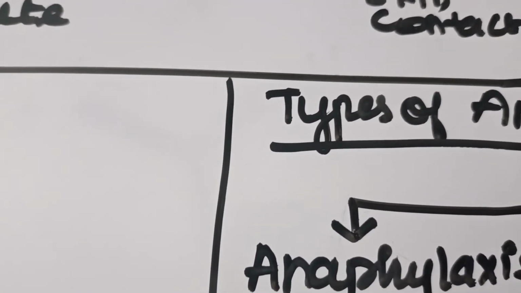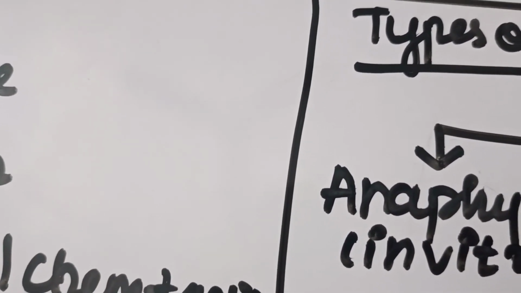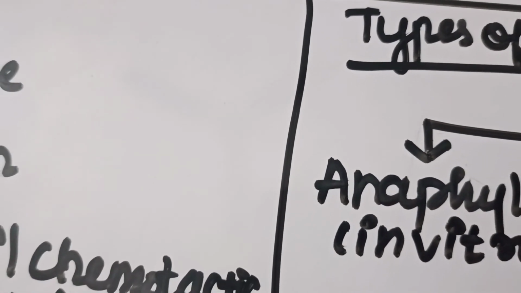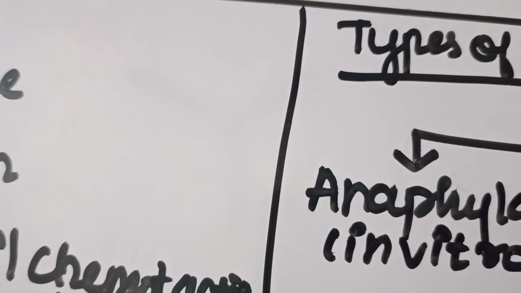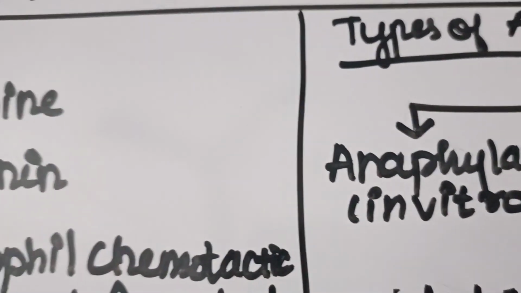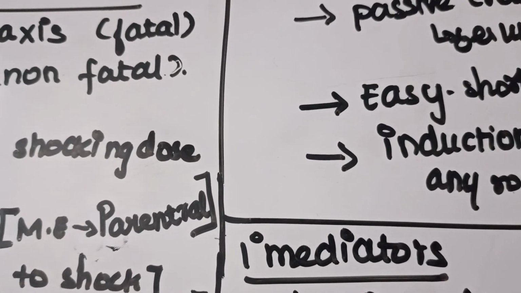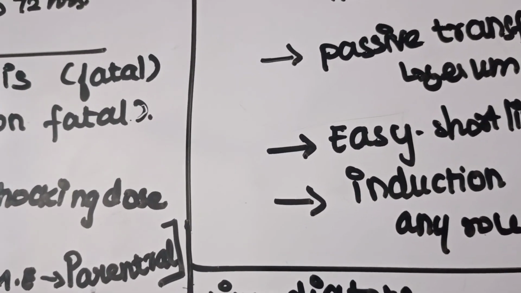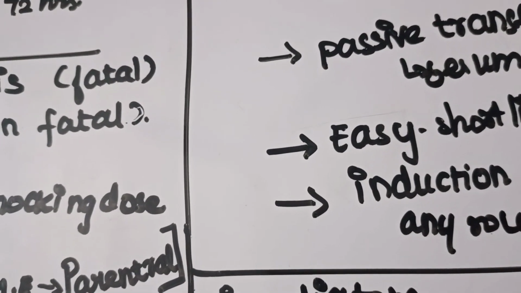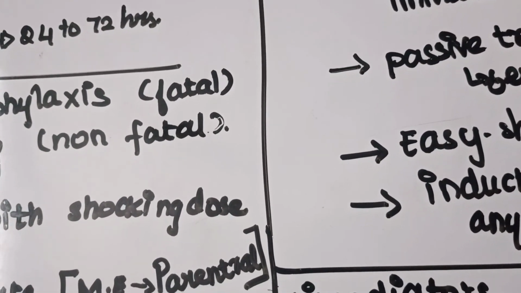When an isolated tissue of intestine or uterus of a pig is immersed in a Ringer solution, the tissue undergoes contraction, and this is known as anaphylaxis in vitro. I hope you understand the concept of anaphylaxis. In the next session, we will be discussing atopy and other types of hypersensitivity reaction.